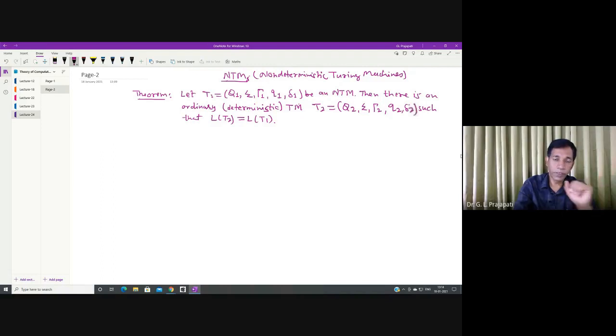So for simplicity, we assume that we have the non-deterministic Turing machine NTM, and in this non-deterministic Turing machine, from every state we have two moves.